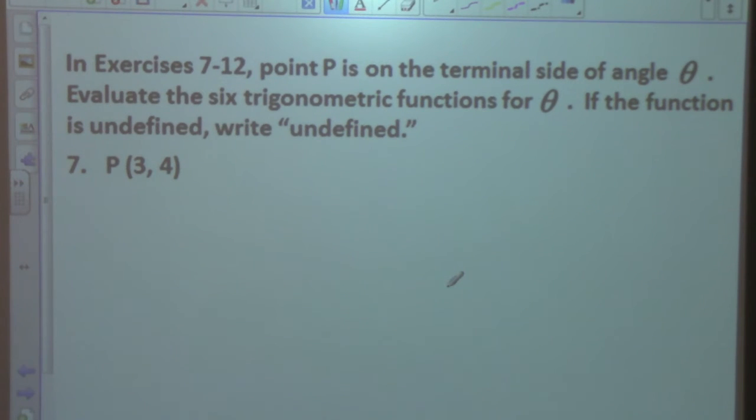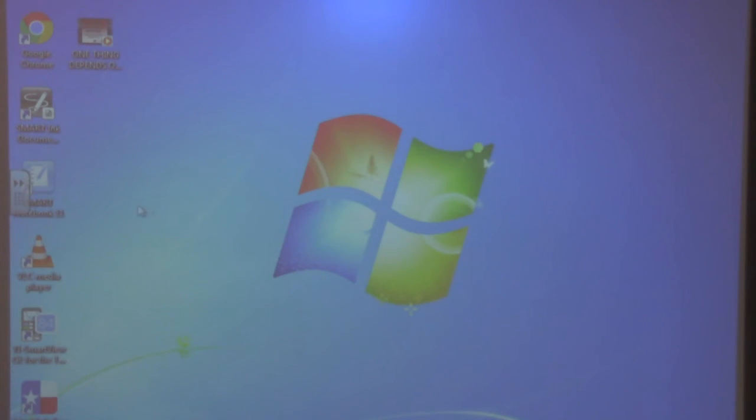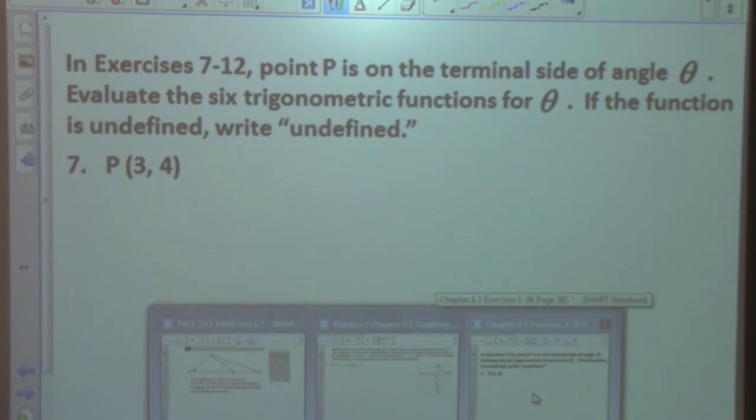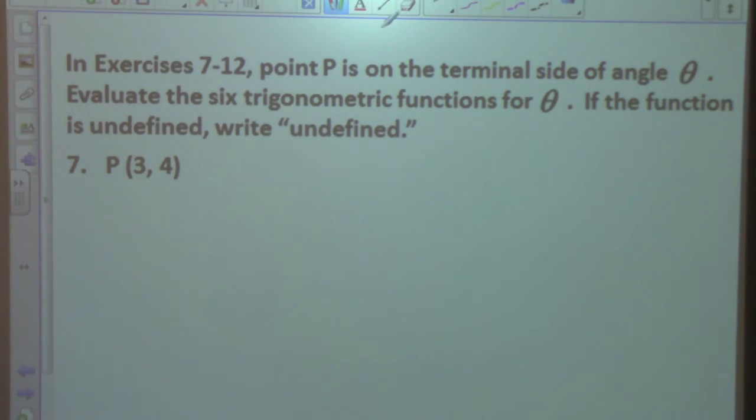I think I got it. You got it? Okay. I just had to look at the paper. Okay, now I got it. Okay, let's go.